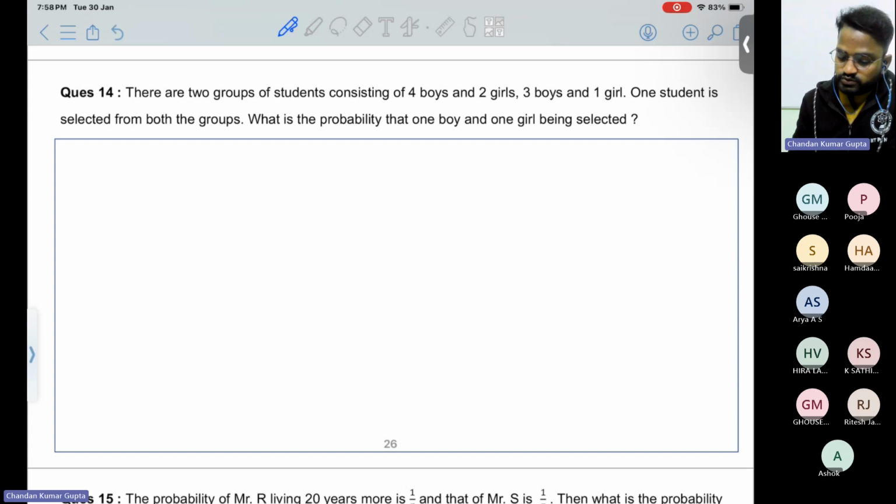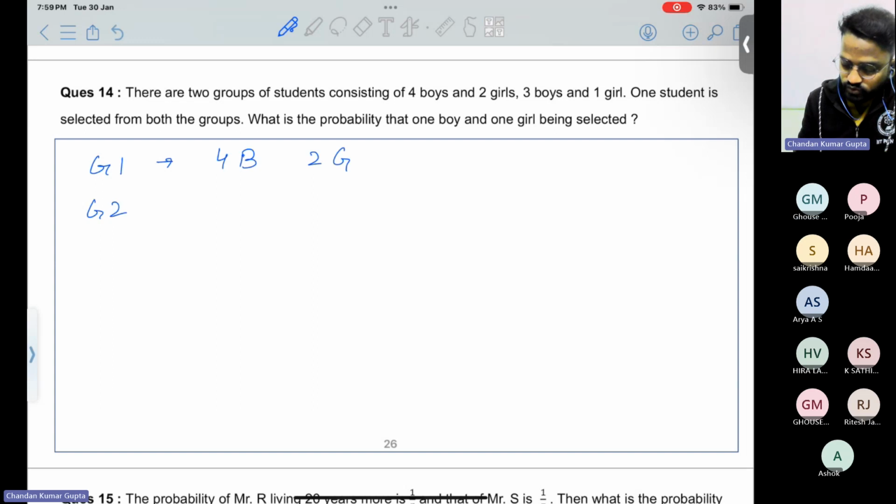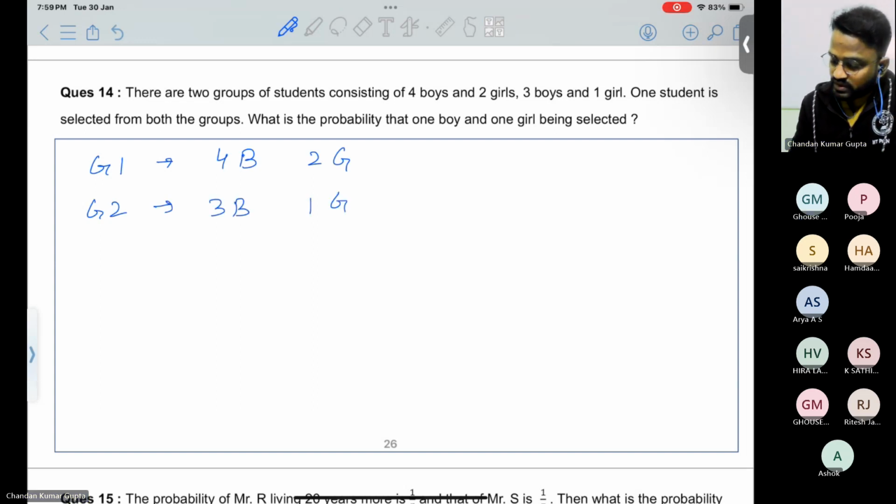Now, there are two groups of students. Group 1 has 4 boys and 2 girls, and group 2 has 3 boys and 1 girl. One student is selected from both the groups.